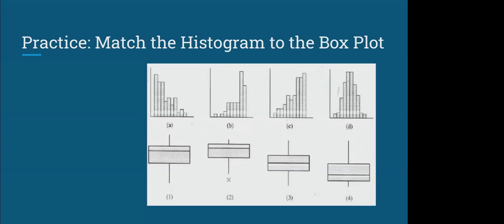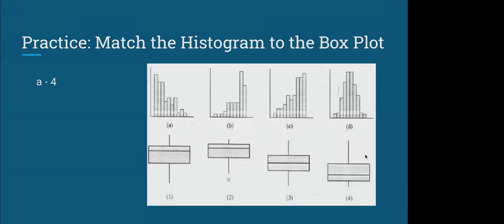A matches 4. So again, they have turned the box plots from horizontal, like we're used to seeing, to vertical. So if we were to turn this vertical, we would turn clockwise.